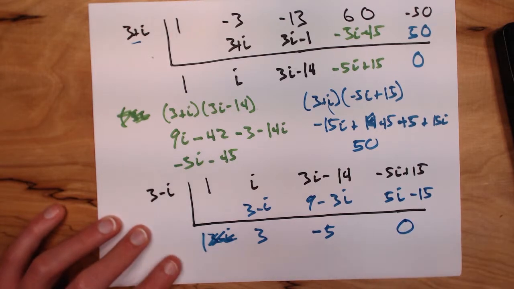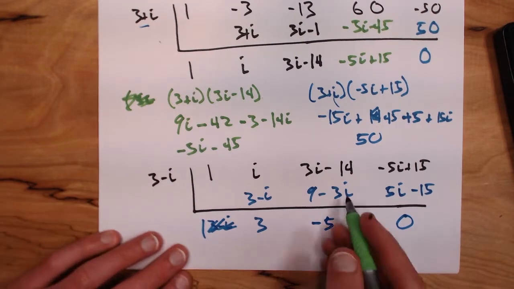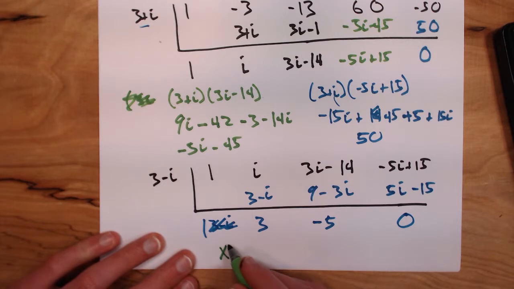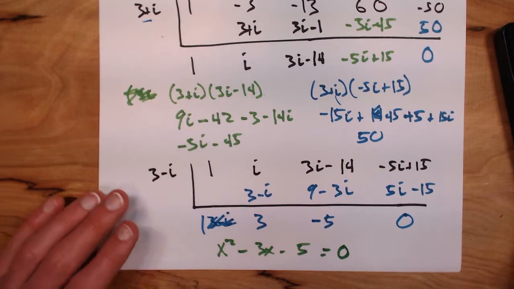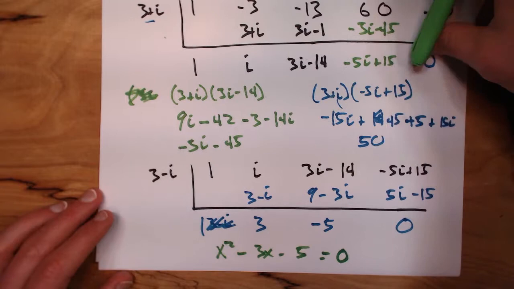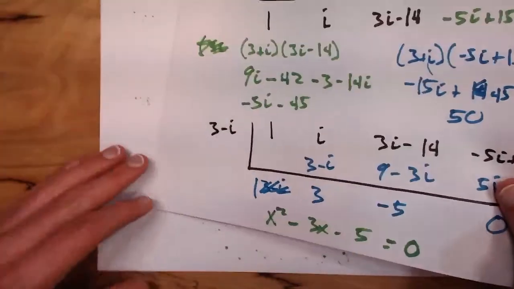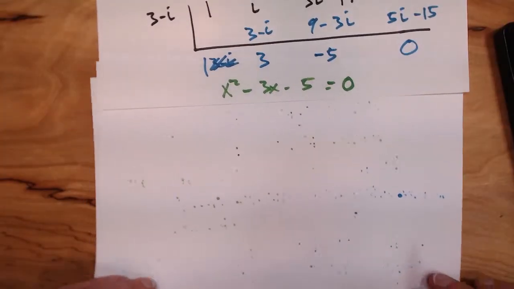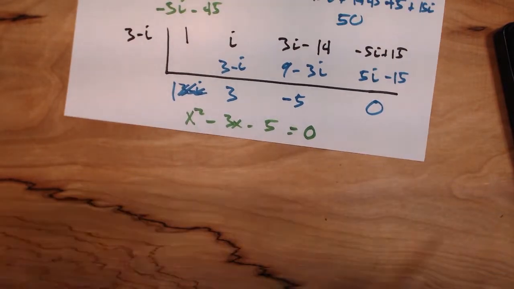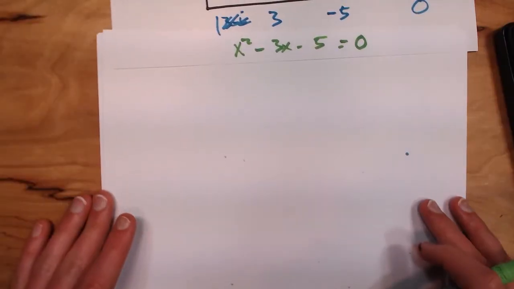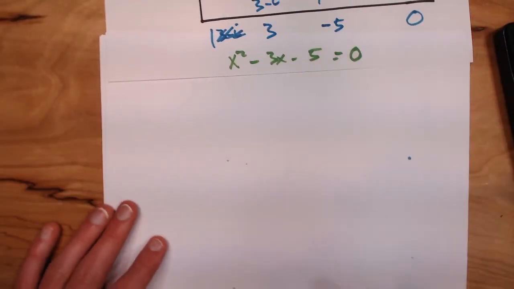Okay, good. So our depressed polynomial is x squared minus 3x minus 5. We want to set this equal to 0 and solve for our roots, which, remember, are just our a's and b's, but we're going to find a and b in rationalized form. Now it is quadratic formula time for one last go.